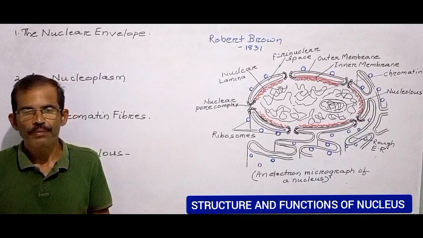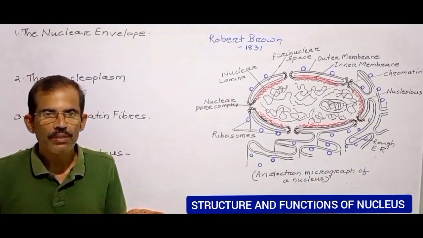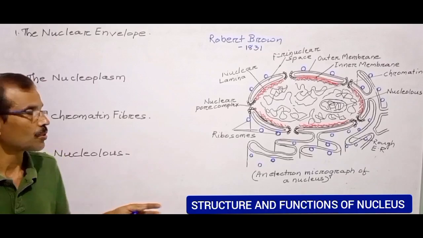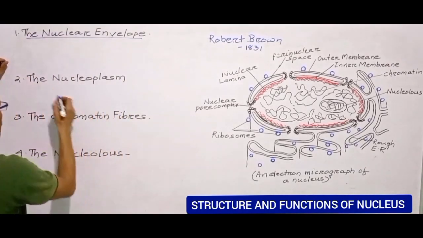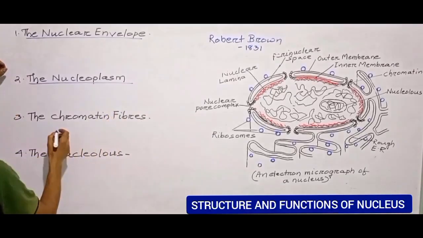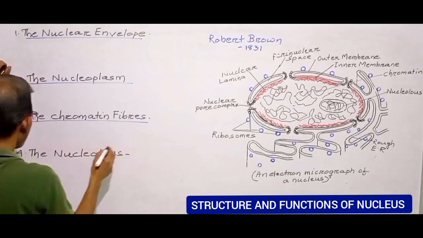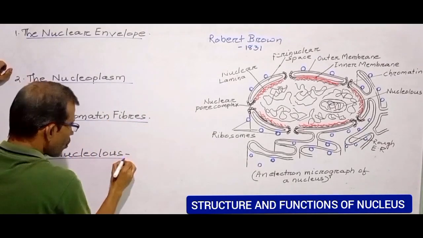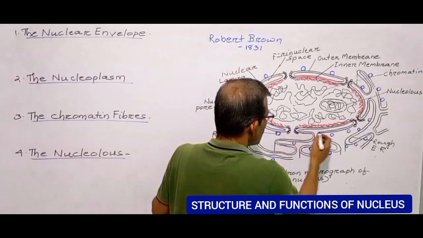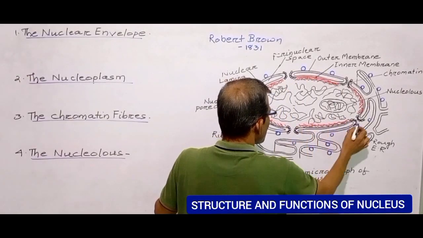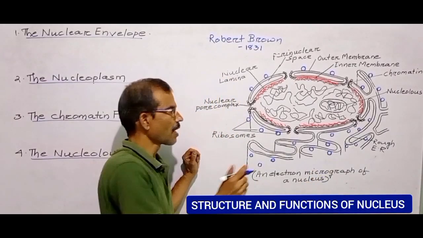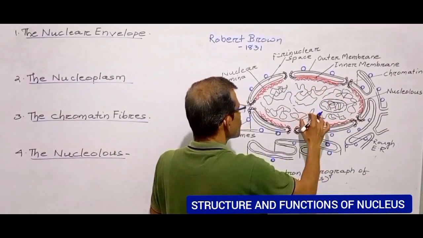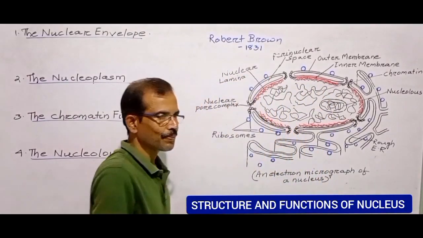The nucleus is composed of various structures, such as the nuclear envelope, the nucleoplasm, the chromatin fibers, and the nucleolus. Each nucleus is surrounded by a nuclear envelope which separates the content of the nucleus from the cytoplasm.